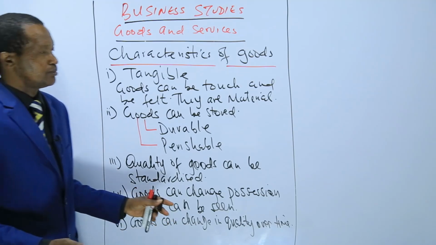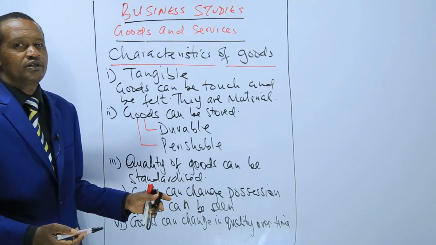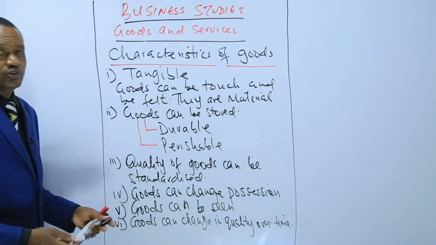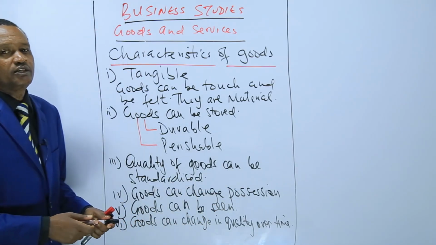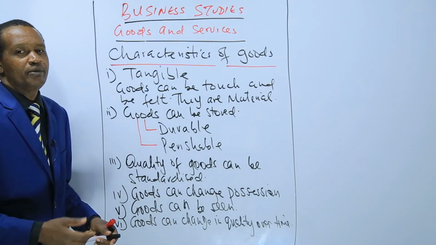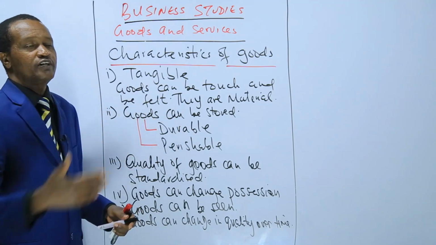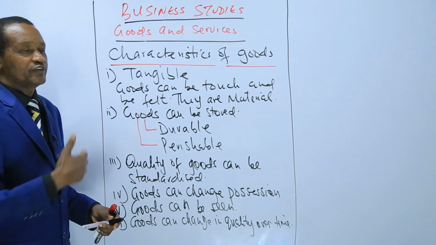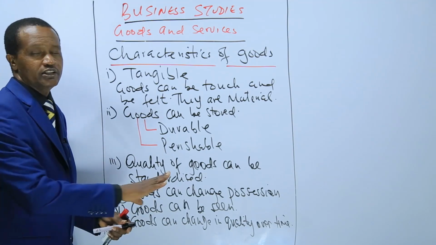Some goods, for example, furniture, motor cars, may lose value over time. Furniture, you've seen furniture that is depreciated.